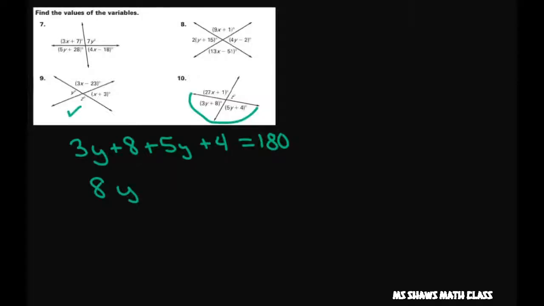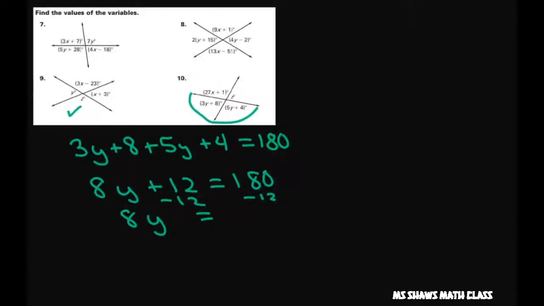I'm going to use my supplementary angle theorem like I did in number 9. So I have 3y plus 8 plus 5y plus 4 equals 180. All right, so we have 8y plus 12 equals 180. Subtract 12 from both sides.